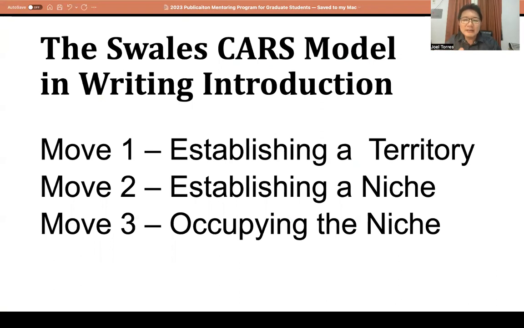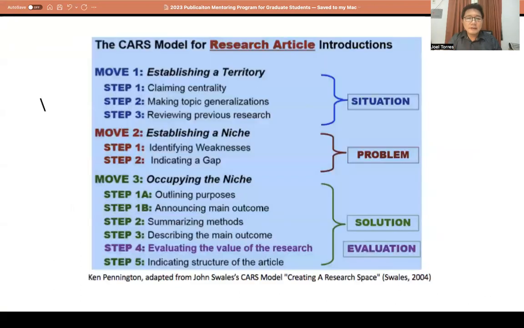The second is establishing a niche. And once you have established the niche, you move to the last one, which is occupying the niche. So in move 1, you provide the situation. In move 2, you provide the problem. And in move 3, you provide the solution and you evaluate the value of this particular research.